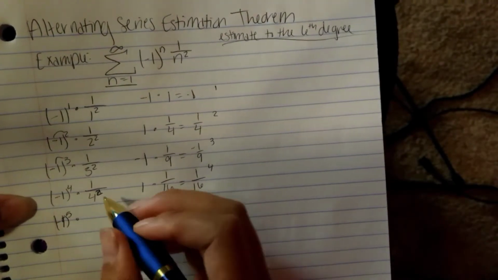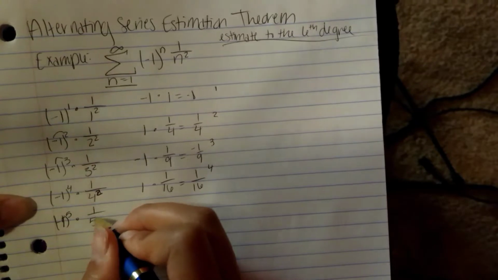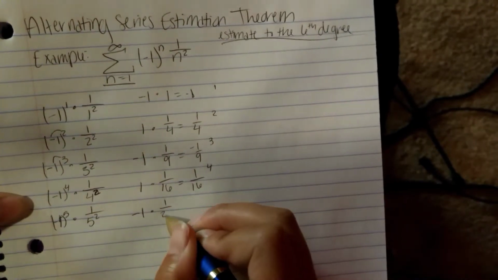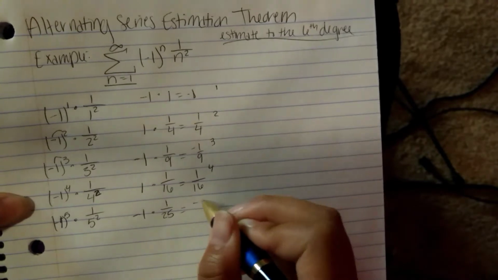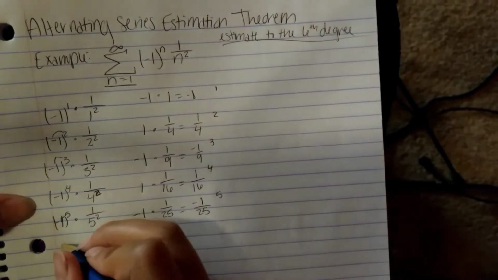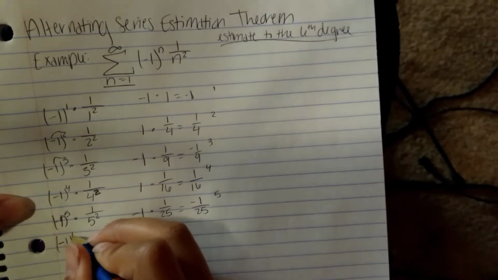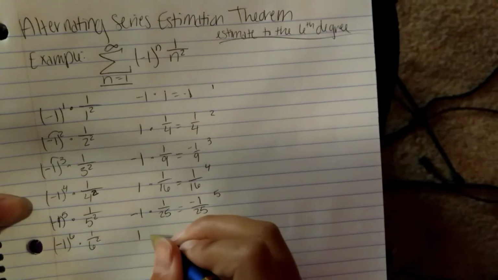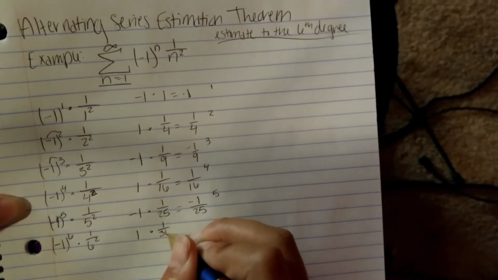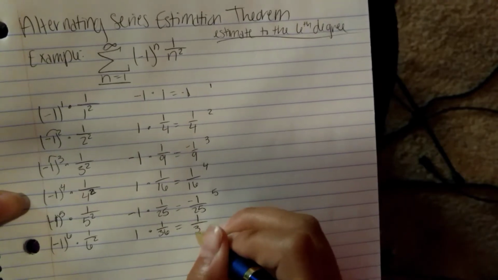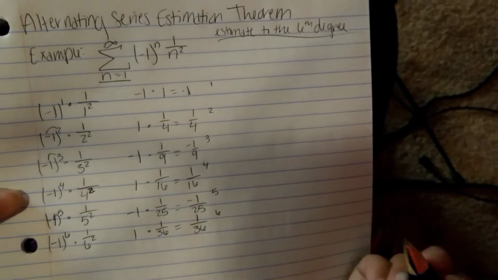Everything with n at 5, so you've got a negative 1 times 1 over 25, or just negative 1/25 for your 5th degree, and finally your 6th degree. You have 1 times 1 over 36, or just 1/36, and that's your 6th degree.